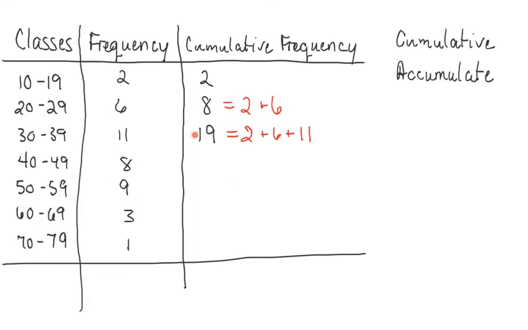So if we move on to the next one, we can do the whole 2 plus 6 plus 11 and then add in the new 8. Or what we can realize is that the 2, 6, and 11 were already added together up here. That's where the 19 came from. So all we're doing is adding 8 onto that, and it gives us 27.